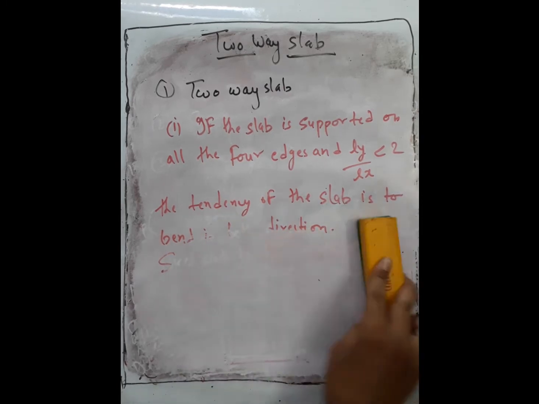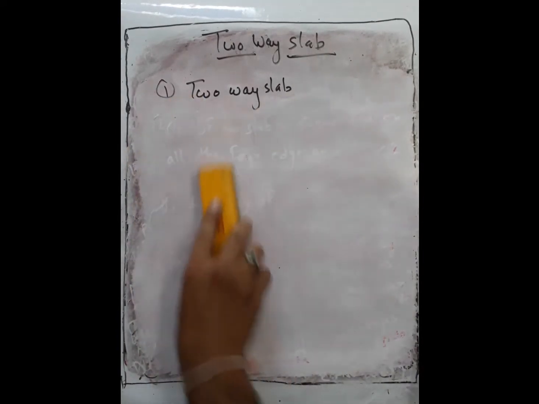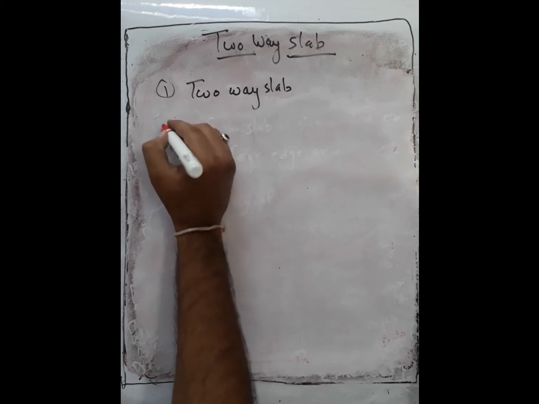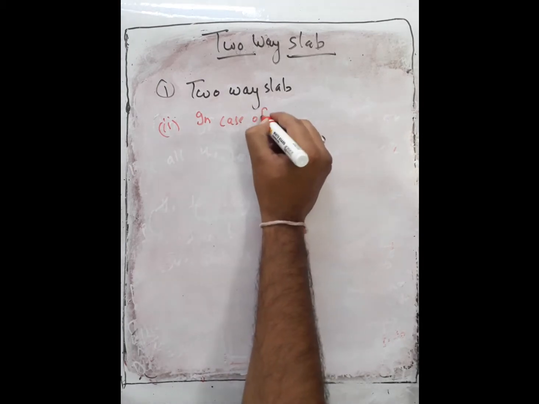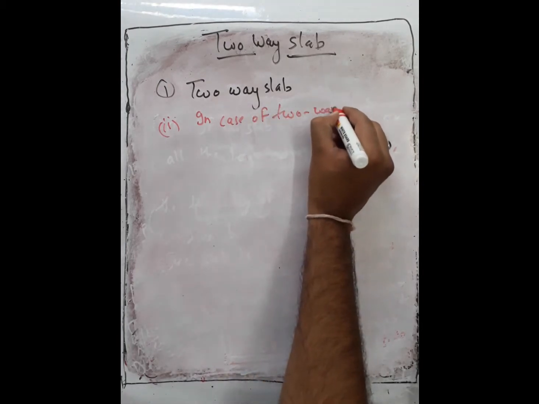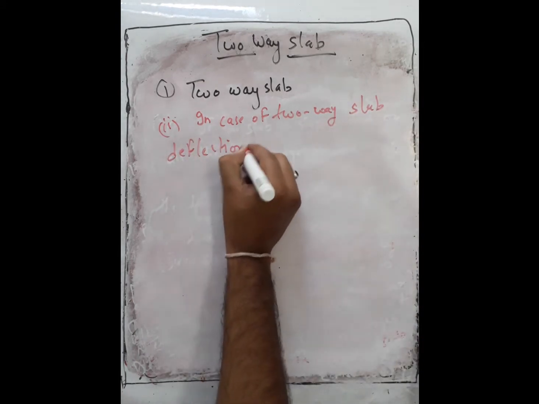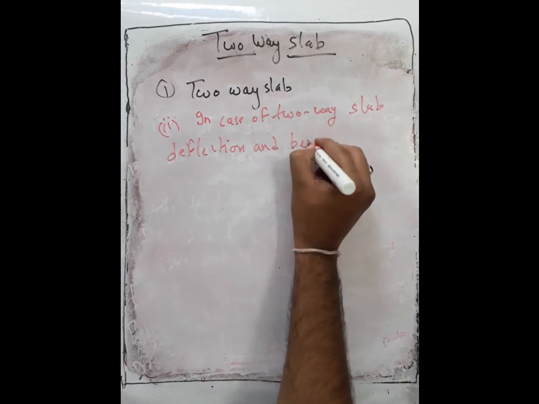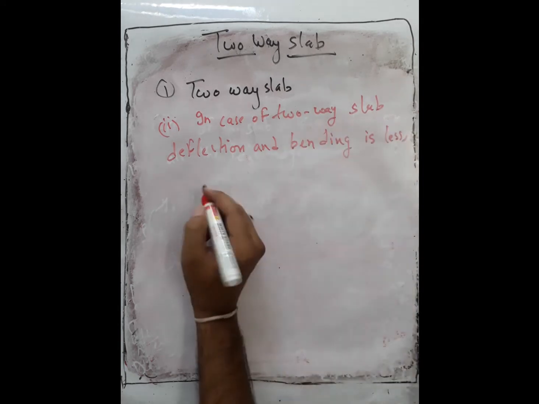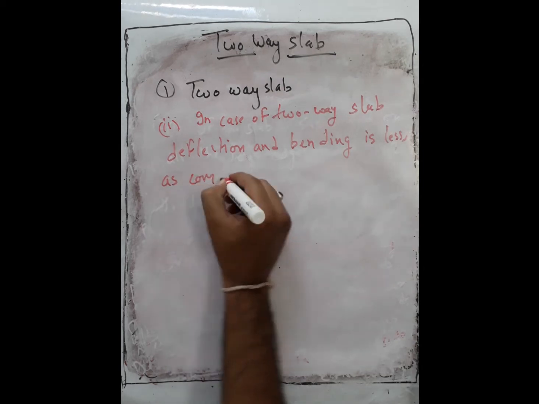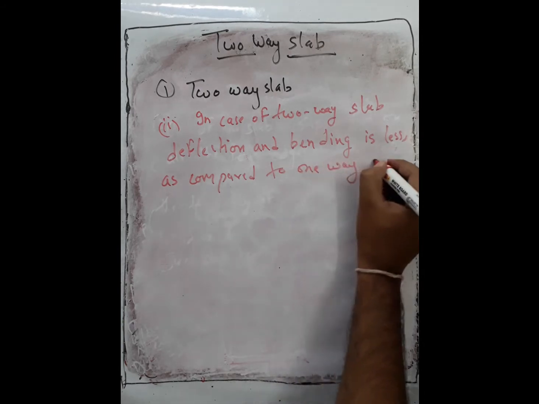Now second point, in case of two-way slab, deflection and bending is less as compared to one-way slab.